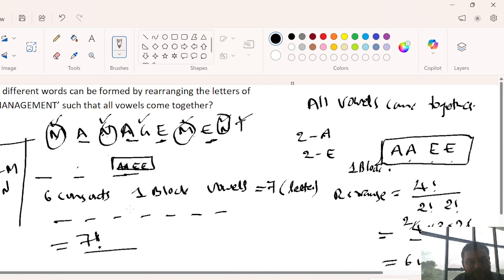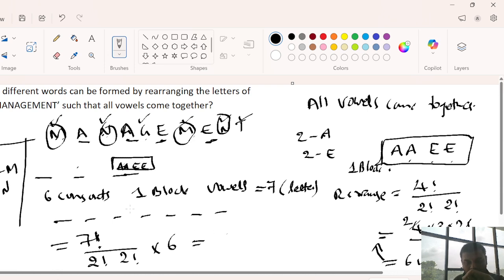How many G's are there? Only one G is there, only one T is there, right? So these are repetitions. We have to divide with the repetition, that is 2 factorial into 2 factorial, multiplied with 6 ways, that is the internal arrangements of the vowels.